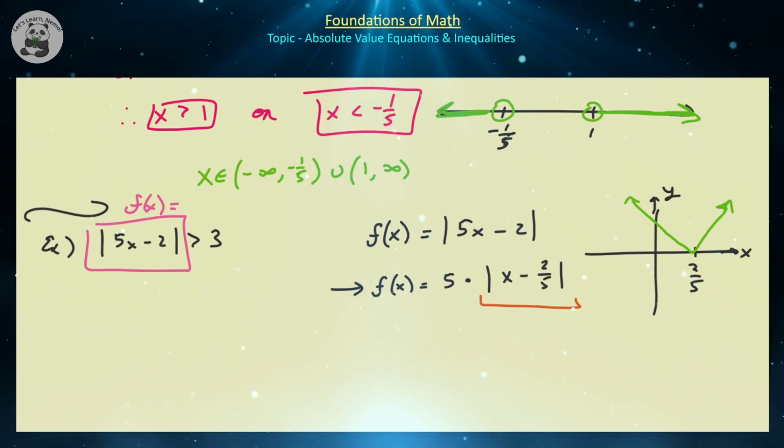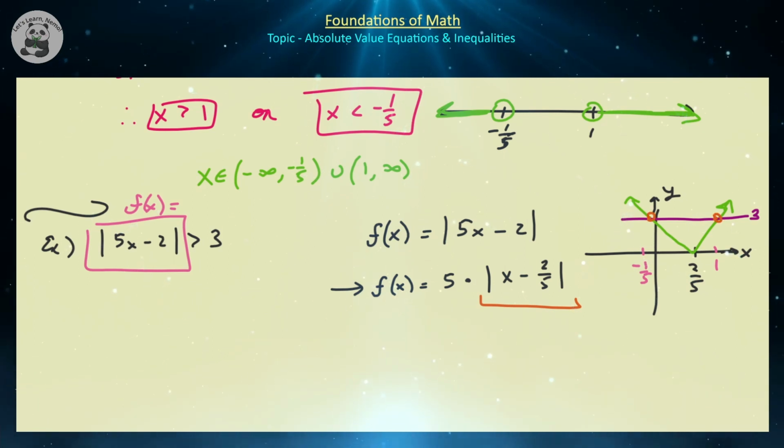And what we're saying is, okay, well, on the interval minus 1/5 and 1, this curve is above 3, right? So this should be where 3 is located, and it's above this y is equal to 3 line, starting at those points, right?